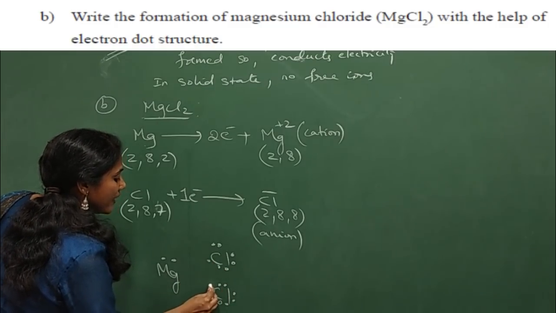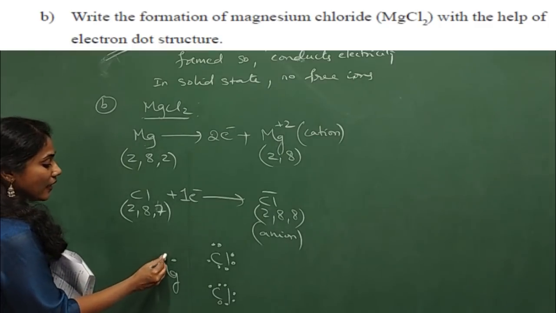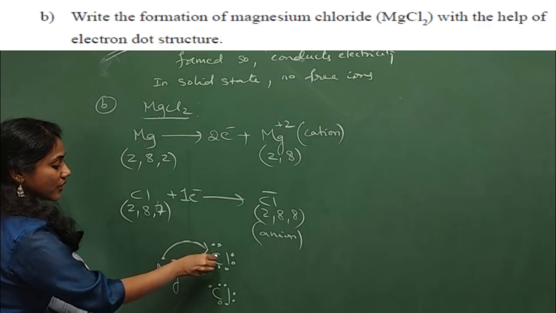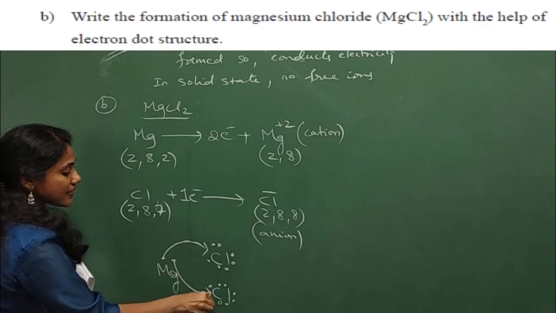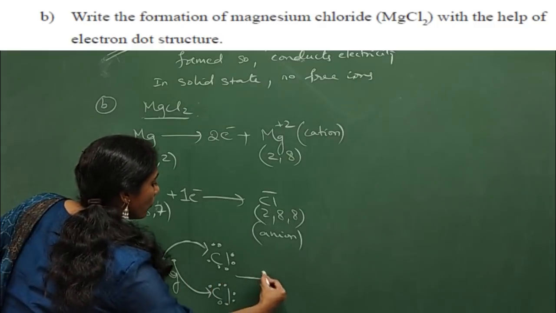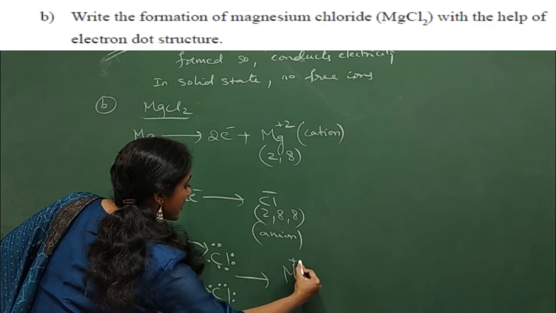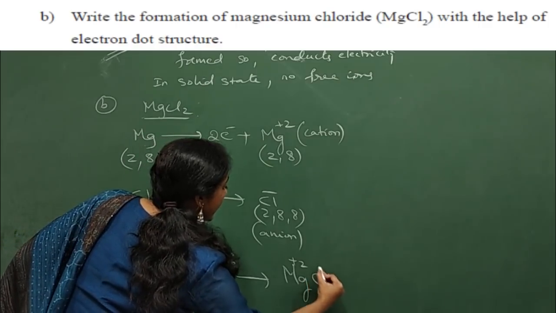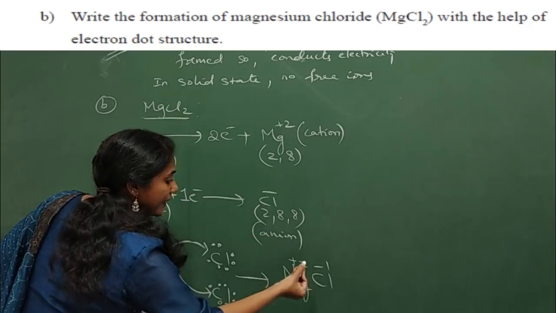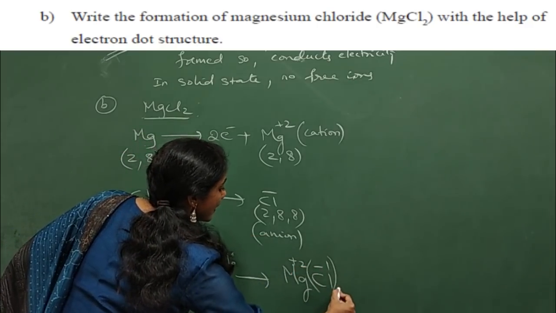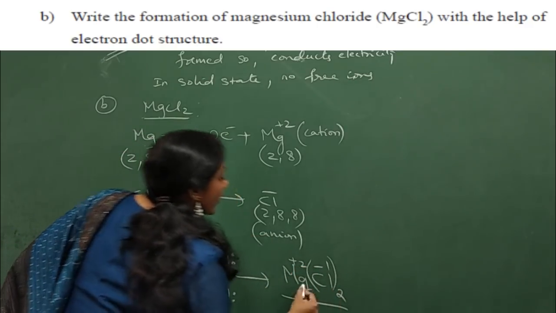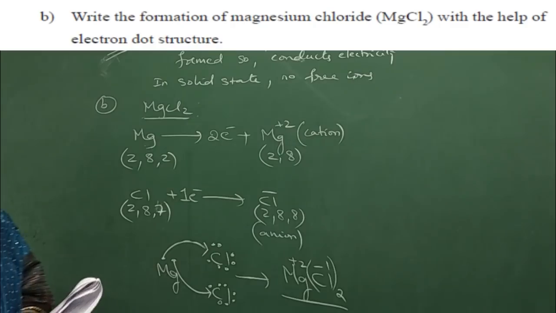So you will show 7 dots. So this Mg gives 1 electron to this chlorine. The other electron it gives to this chlorine. So what do you get? You will get Mg with charge plus 2, and each Cl gained 1 electron. How many Cl's are there? 2. So this is how MgCl2 is formed, right?